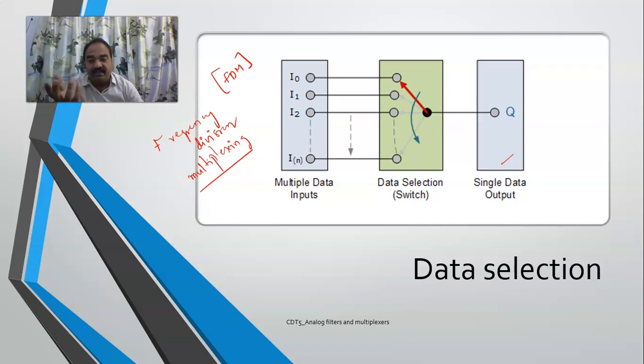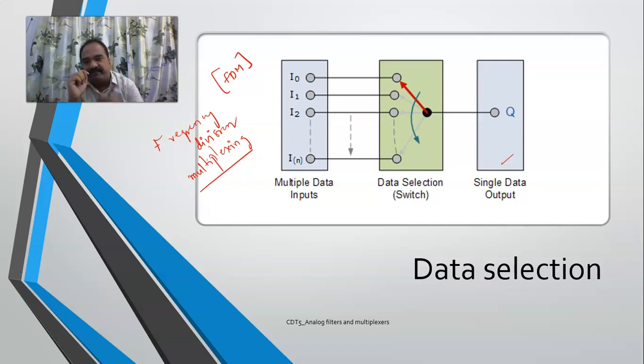So how are you selecting? You are selecting based upon the frequency. So many channels are available out in the air, but among those, you are selecting one particular frequency, and that is being transmitted to your screen. So this is called frequency division multiplexing, right? You are selecting based upon the frequency.